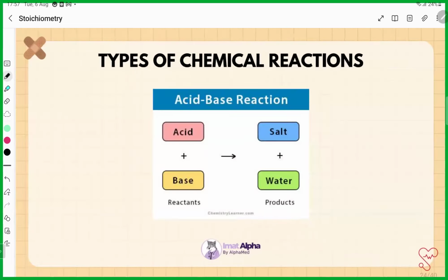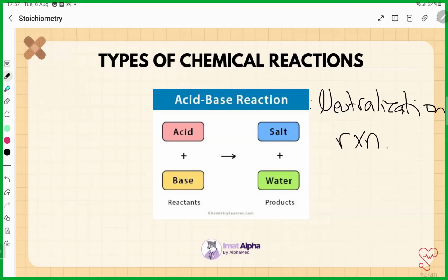Acid-base reaction. Of course, acid plus base gives salt and water, and this reaction is called a neutralization reaction, because when you add an acid and a base, you try to neutralize the pH.